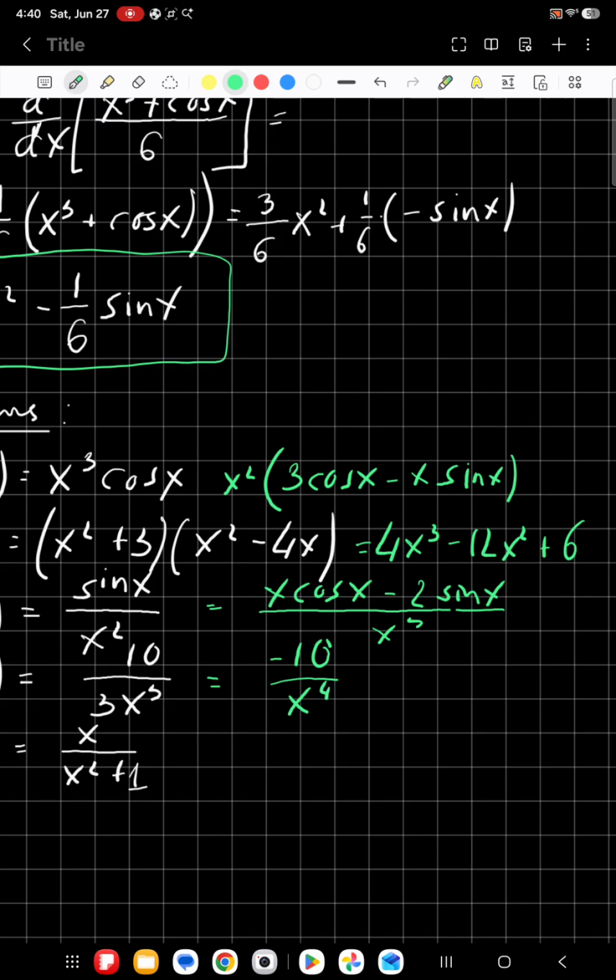And the last one, I hope these are right, is 1 minus x squared divided by x squared plus 1 squared.